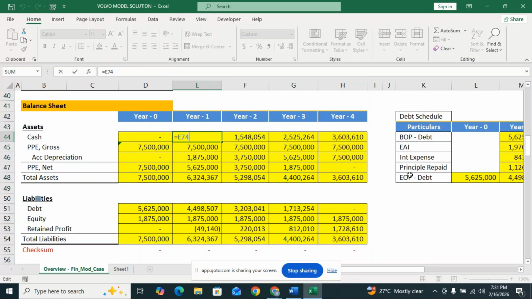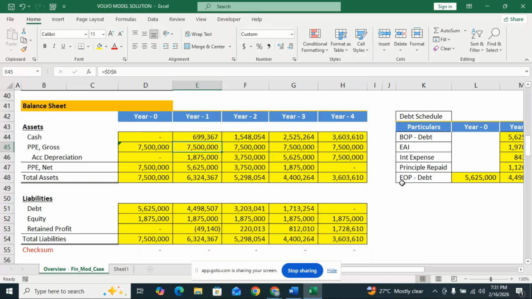Please check your total assets value. See, one more thing you observed.